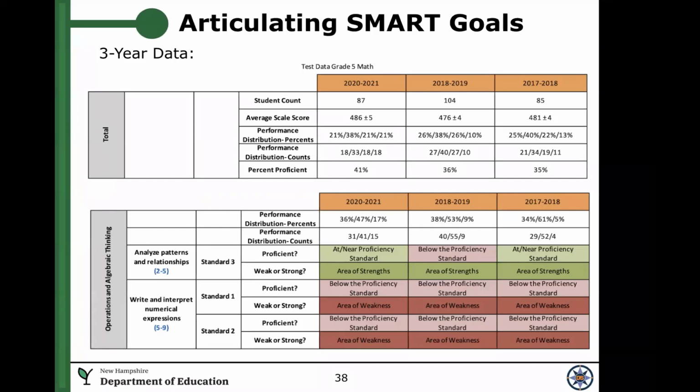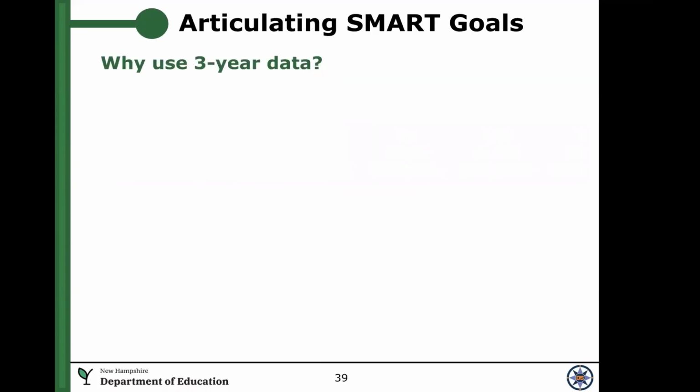I really like to use this type of data when I'm creating my year-long SMART goal, because it shows me over time where maybe I'm not teaching a specific standard to fruition, or maybe it's that every year this particular standard is low for my students. So I know that I'm going to get a lot of information and a lot of growth if I pick these particular standards.